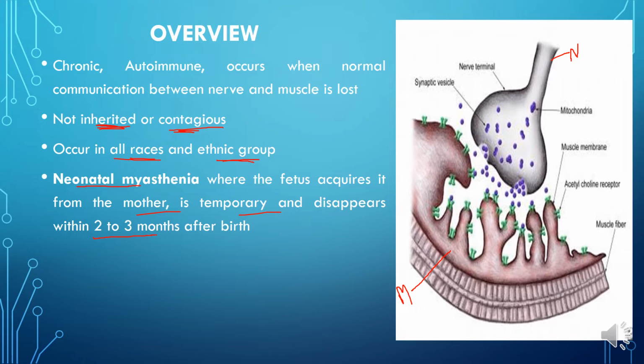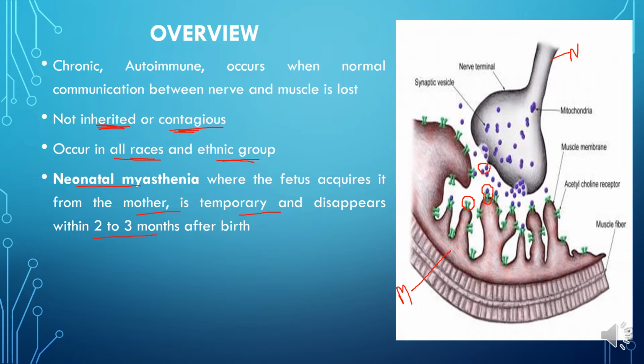In this neuromuscular junction, these violet colored ones are the acetylcholine, and the green ones are the receptor that receives this acetylcholine. Acetylcholine is basically a neurotransmitter. When this acetylcholine sits on this receptor, the signal is transferred from the neuron to the muscle cell.